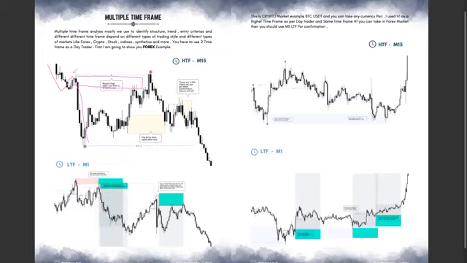So what happened here? It swept this one, and then after taking out this high, we can switch into the lower time frame and then sell. So this is the overall view that the market is actually looking for the sell.